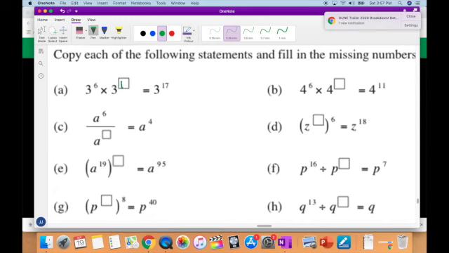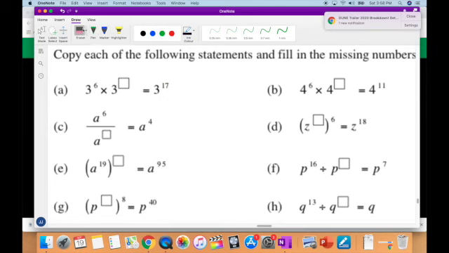So what is this supposed to be? 11. 11. Why? I can explain it to you. You know that when you're multiplying indices, you're supposed to add the indices, right? So you know that 6 plus some number is supposed to give you 17.